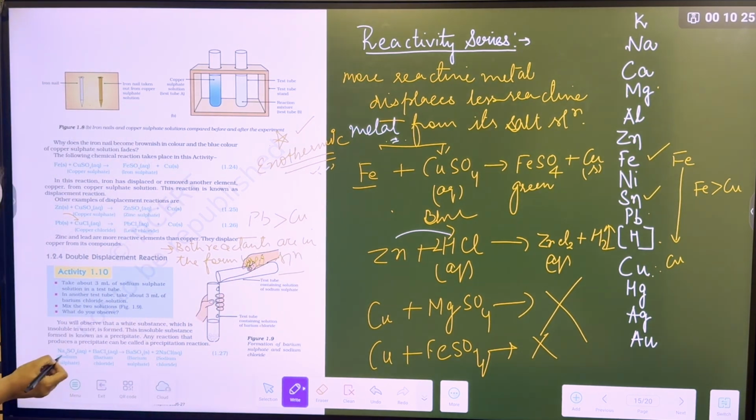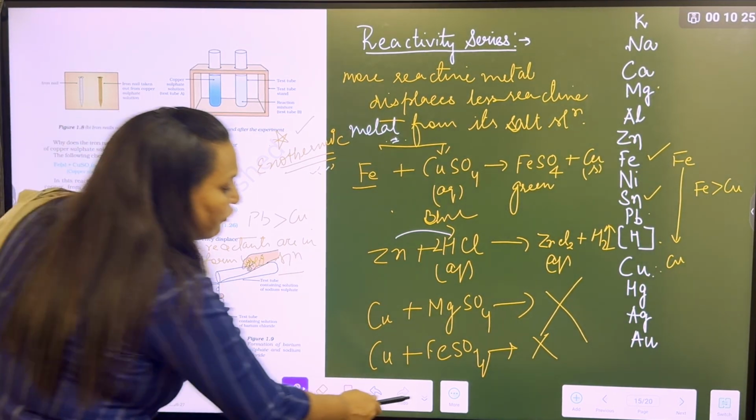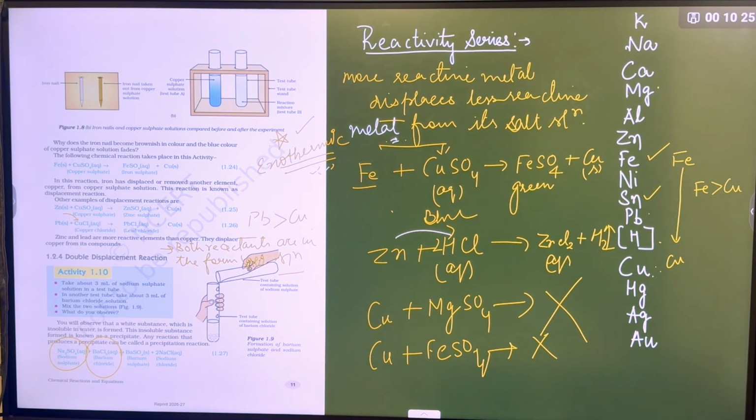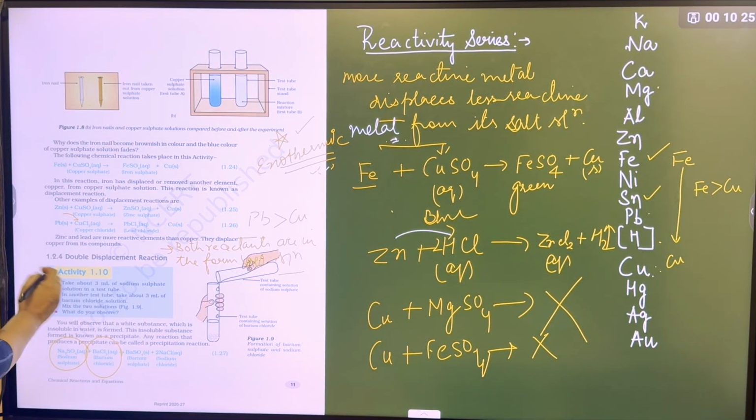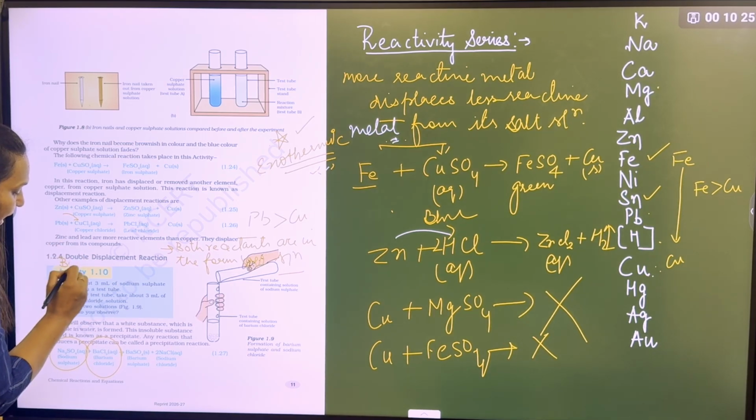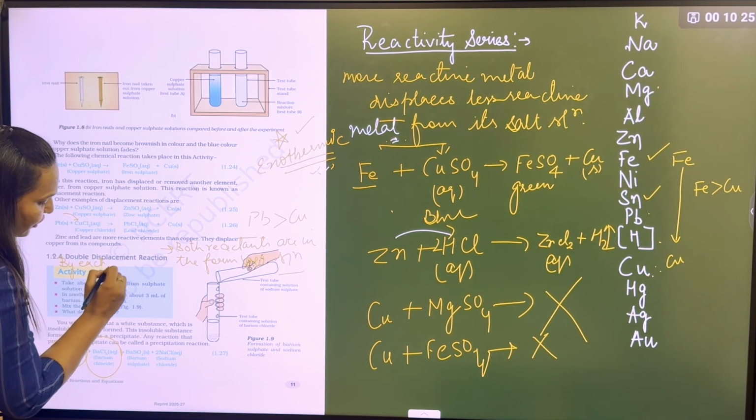For example, if you see here, sodium sulfate and barium chloride, both are in the form of aqueous solution compounds. So they are mixed. So they are combining. But how do they combine? By exchange of their ions.